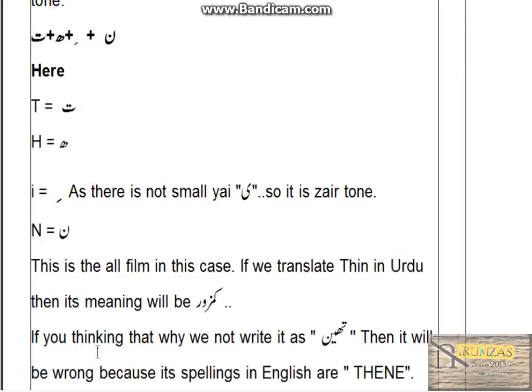If you are thinking why we do not write it as te, he, ye, noon, by representing I as a choti ye, small ye, then it will be wrong, because its spelling in English would be T-H-E-N-E, which is a different word, wrong.